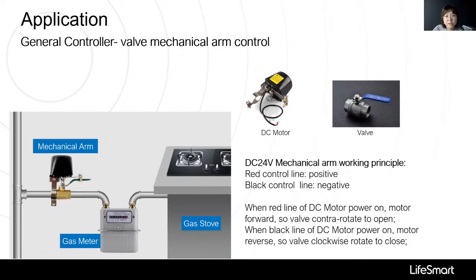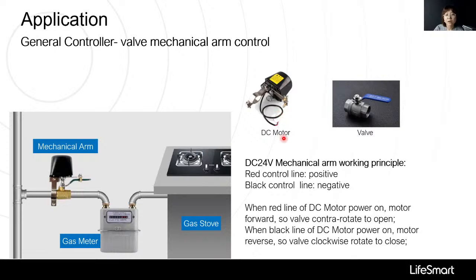We can see there are two control lines of this DC motor. The red line is positive, the black line is negative.